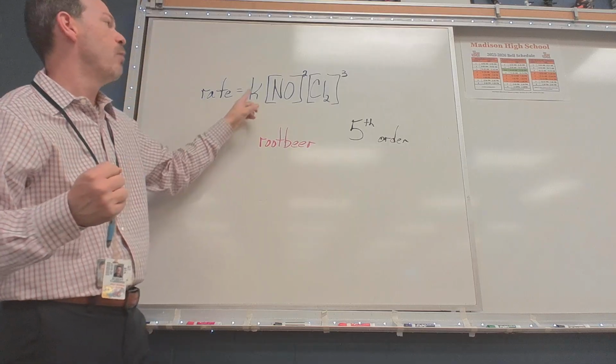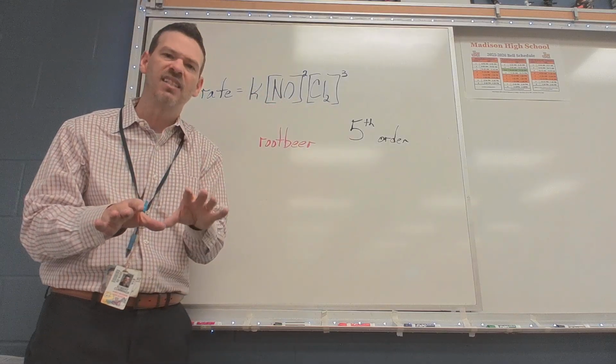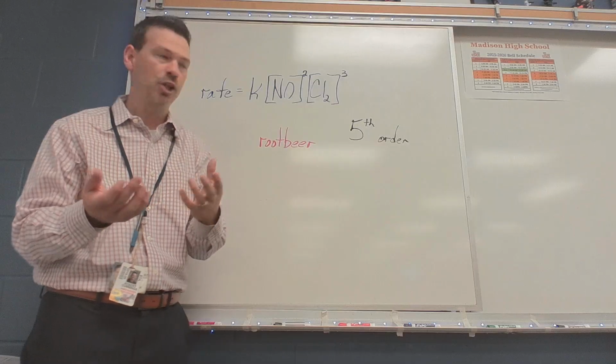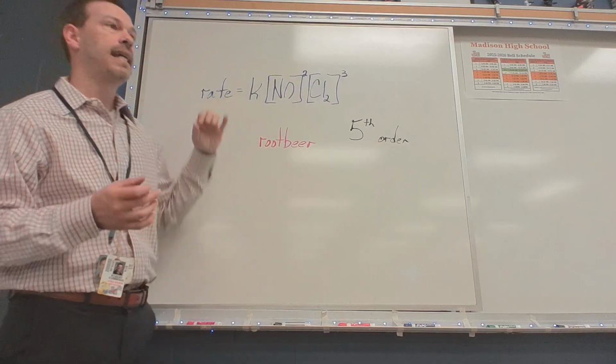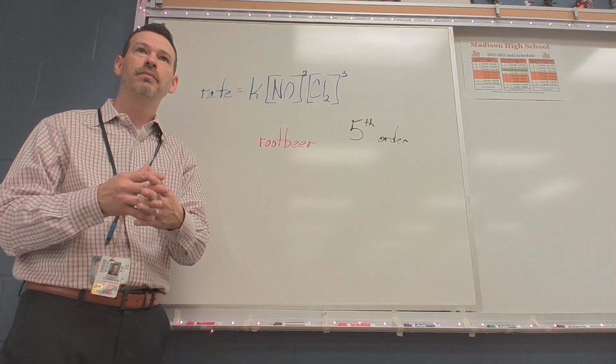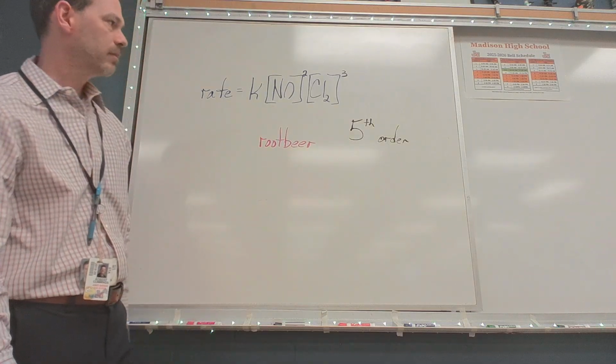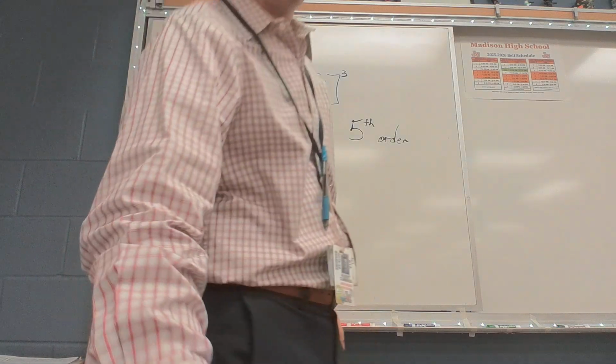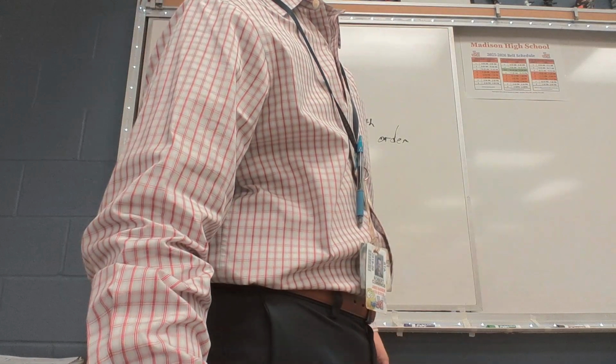It's the number that when mixed with your molarities through multiplication, it all marries together to actually give you a real life rate. More on K later, but he's always in that spot.